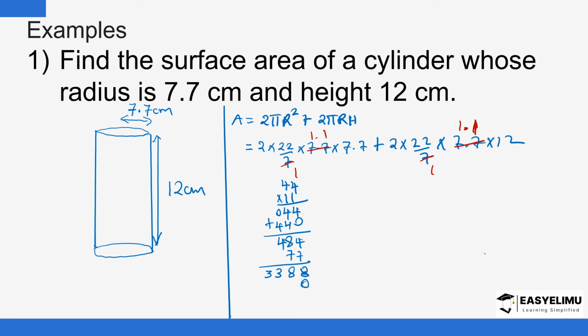Sorry, so we add 0 first, then we have 8, 8, 3, 3. Just the same thing. So this is 8, 6 carry 1, 11, 12. So 2 carry 1, 6, 7, and then 3. How many decimal places were there? 1, 2. So square centimeters.